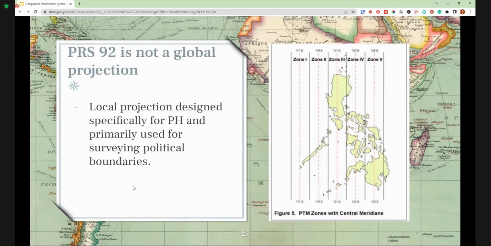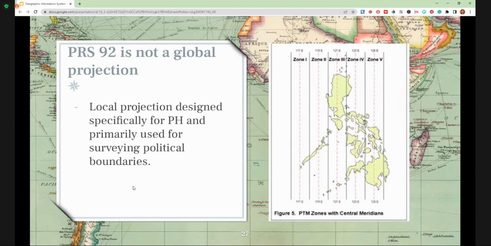political boundaries. The beauty of this is that the system is already integrated in ArcGIS and even in QGIS. So if you're using these softwares, you can easily use them for your projections. These are the five PCS, or projected coordinate system, zones that PRS 92 is using.